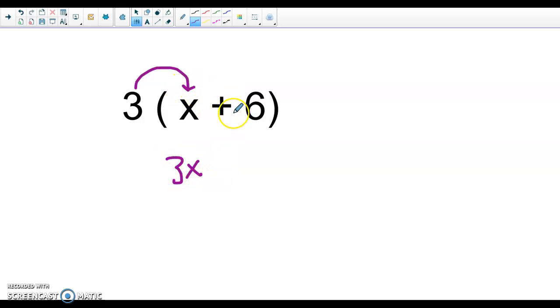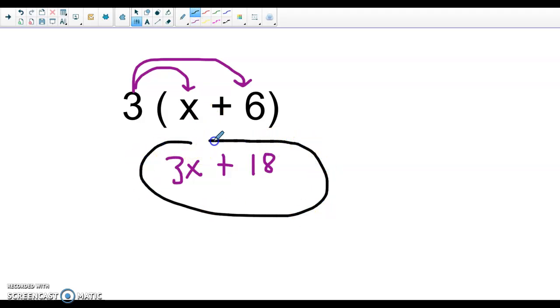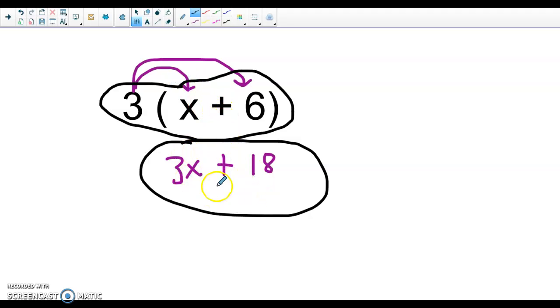Then you're going to use the same sign and pull it down, and then you're going to pass out the 3 to the 6. So 3 times 6 gives you 18. So then what you have, this expression and this expression are equivalent. They're the same thing. This is just distributed out, and this is not.